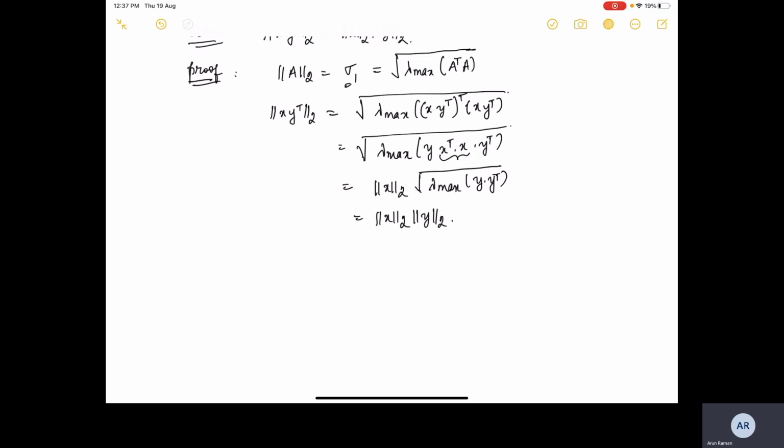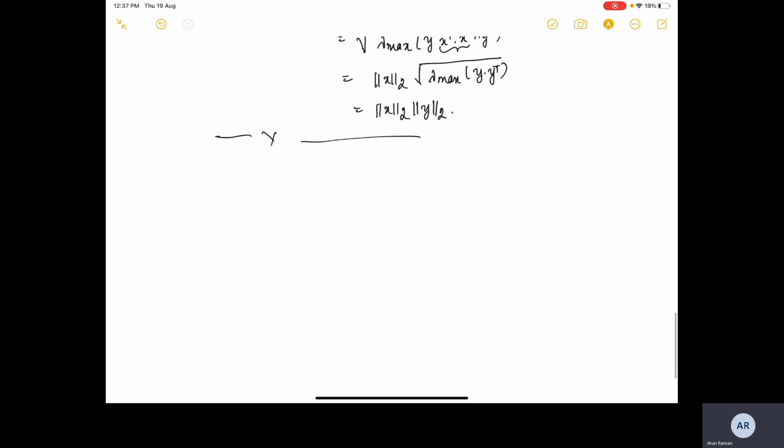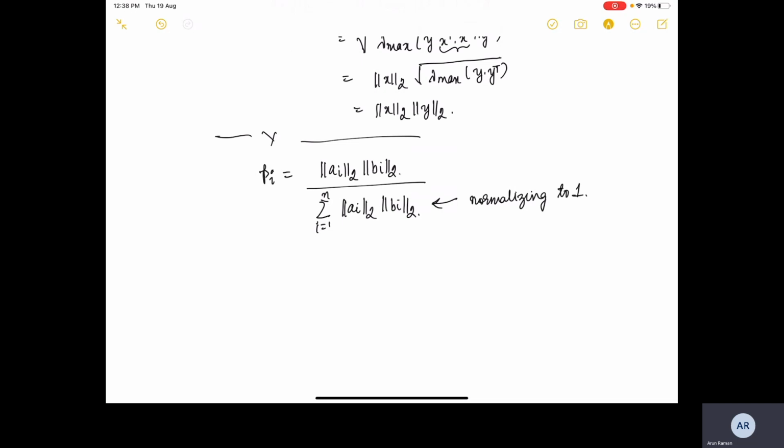This is the result that we have, and using this, we get the sampling probability, where the denominator is just for normalization, normalizing the sum to 1.